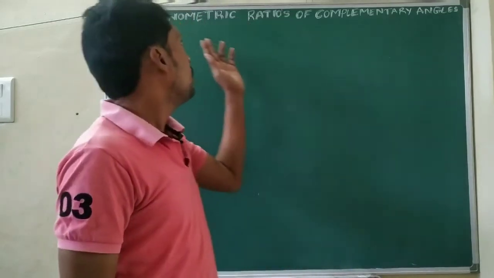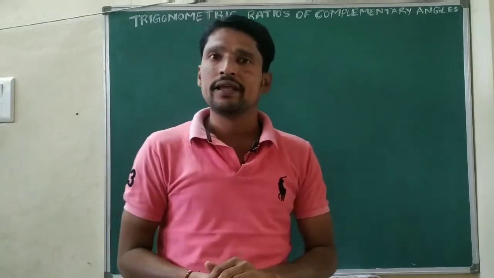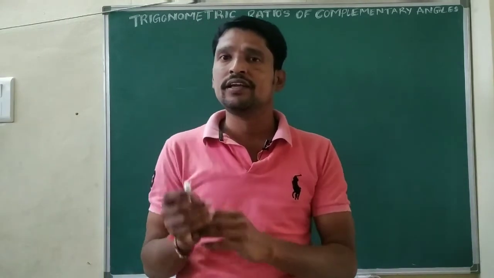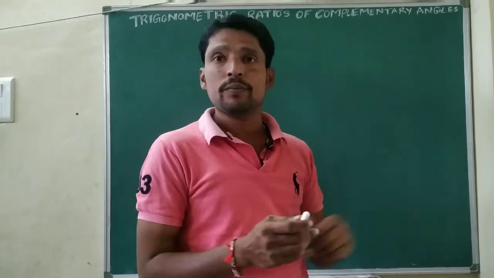Let us see trigonometric ratios of complementary angles. What are complementary angles? Sum of two angles is 90 degrees, that is called complementary.